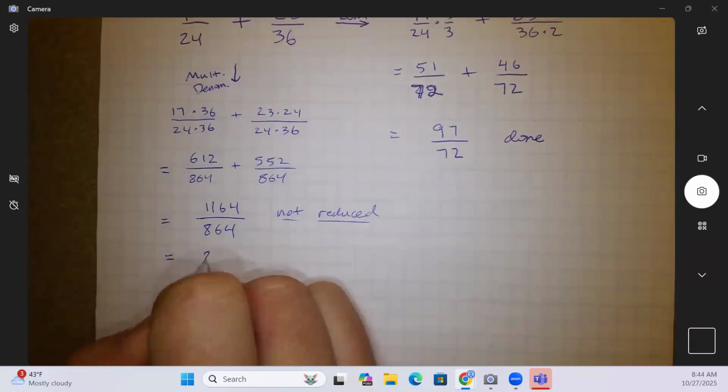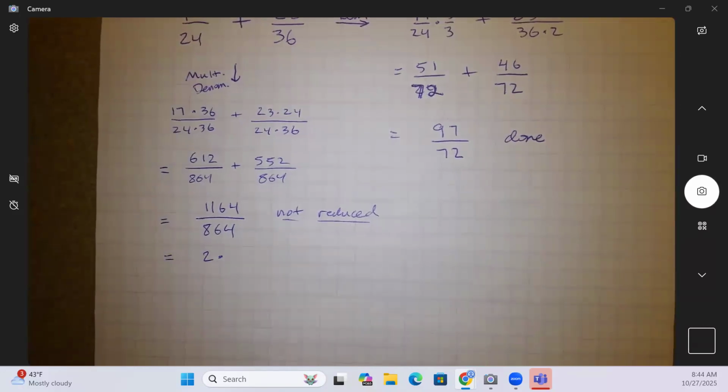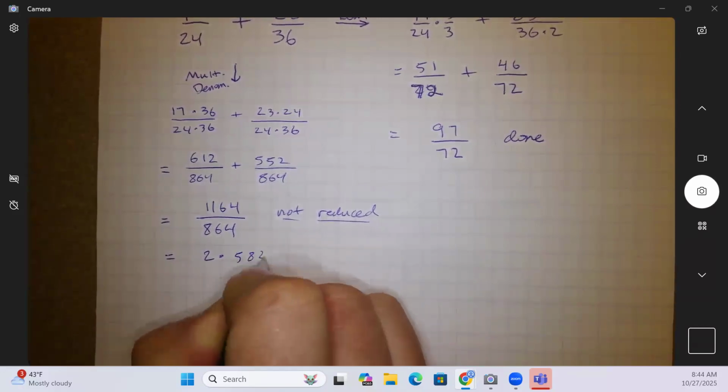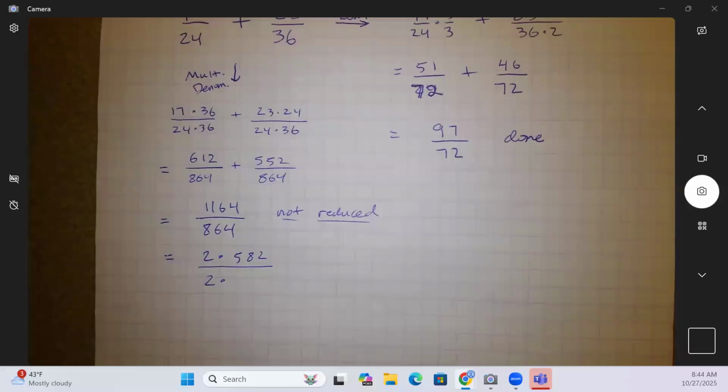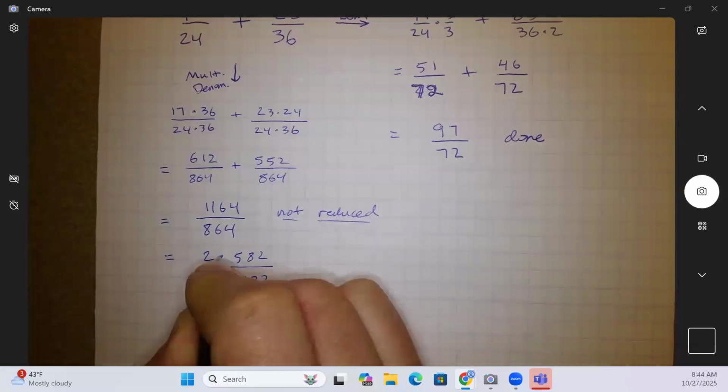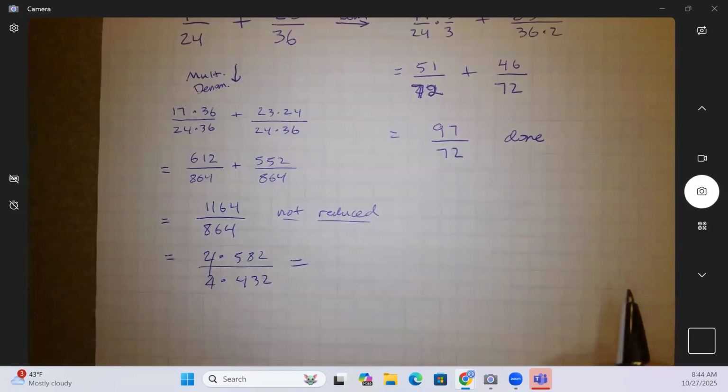I know 1164 can be divided by 2 because it's even, which becomes 582. And 864 can be divided by 2, so it's 2 times 432, and those cancel.